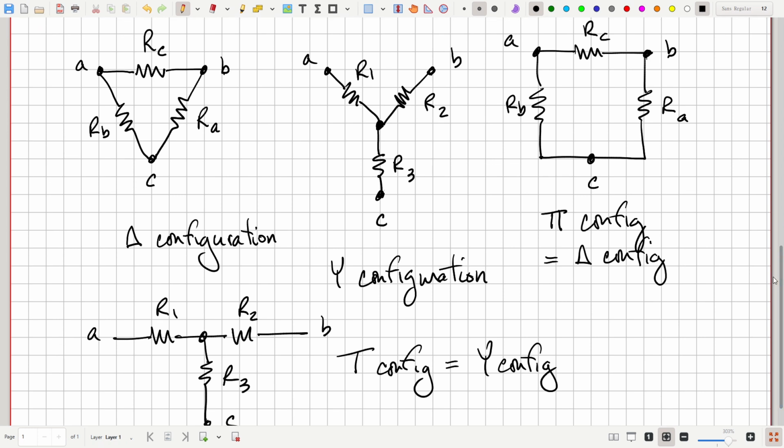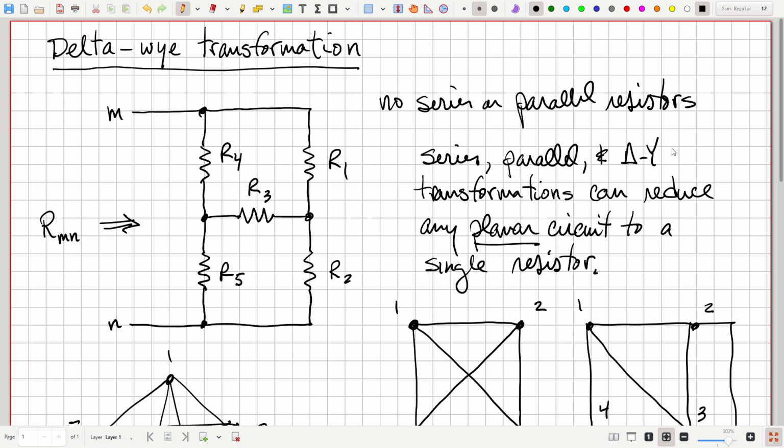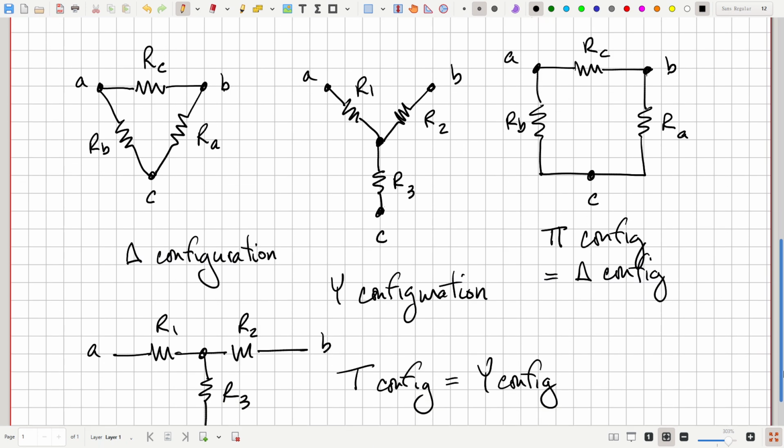In power systems, it's very common to see these delta and Y configurations and hear those terms, delta and Y. In electronics, we may more often see them drawn as this pi or T type of configuration. So it's the same thing. So when we say delta Y, it could be a pi T type of transformation.